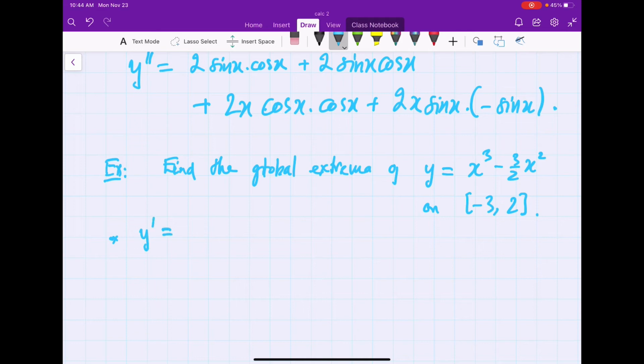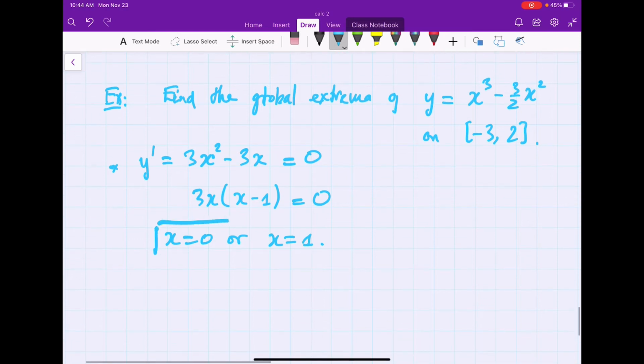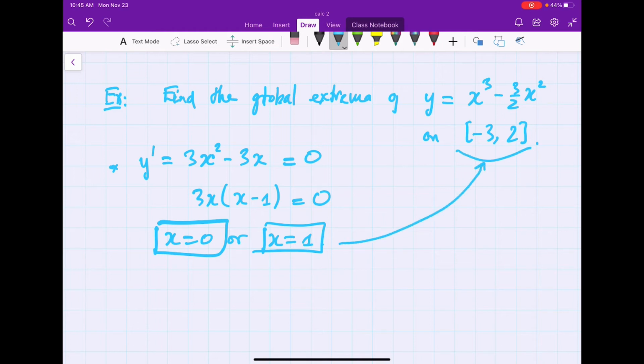First, I need to differentiate the function. I get 3x squared minus 3x. I set this equal to 0. I get 3x times (x minus 1) equal to 0. From here, I get x equal to 0 or x equal to 1. So you have two critical points. Both belong to the interval negative 3 and 2.